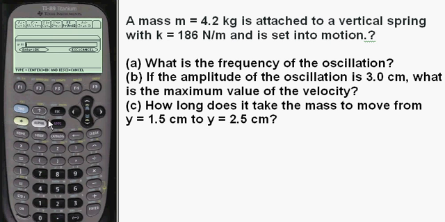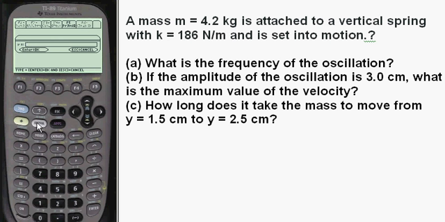So Y1 is equal to alpha 1.5 centimeters. And then the next one is Y2, 2.5 centimeters.